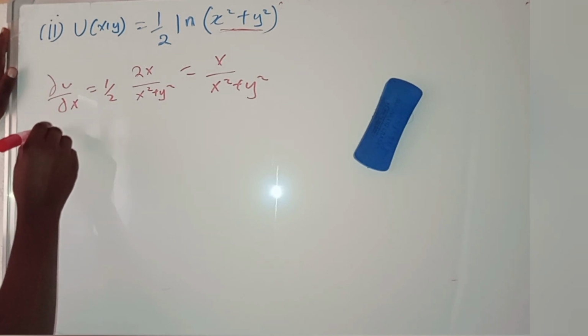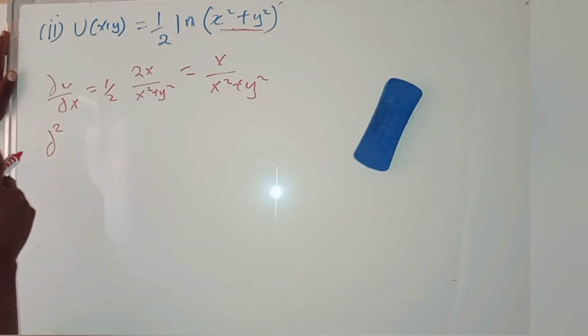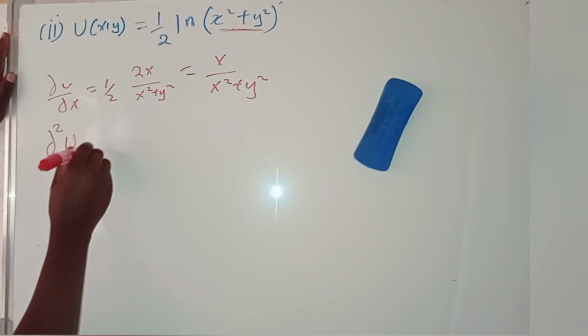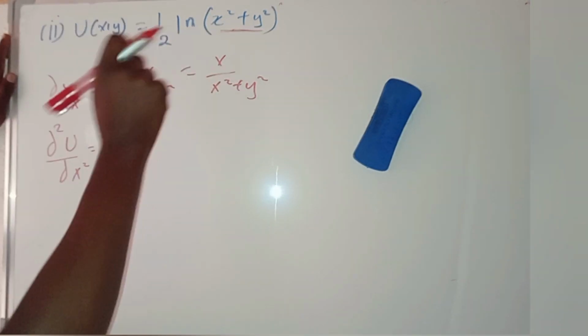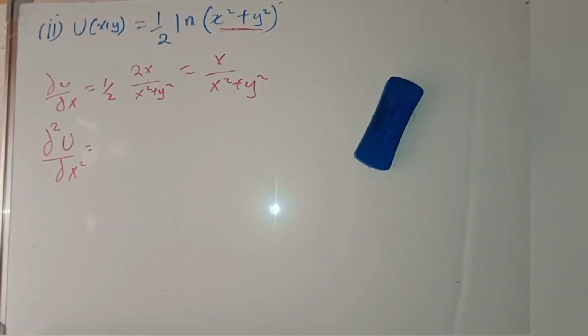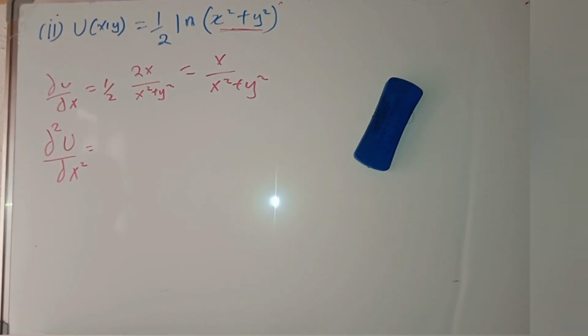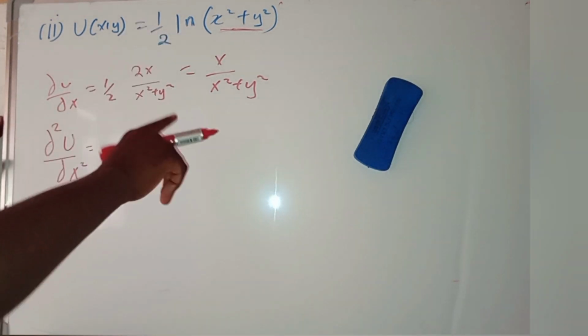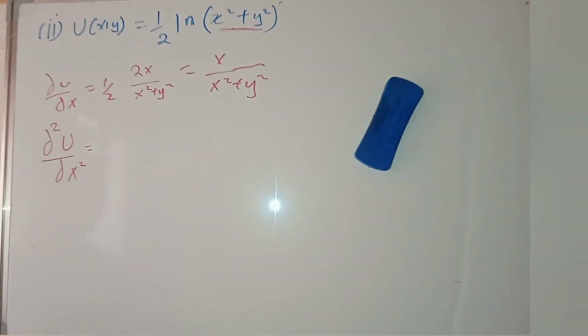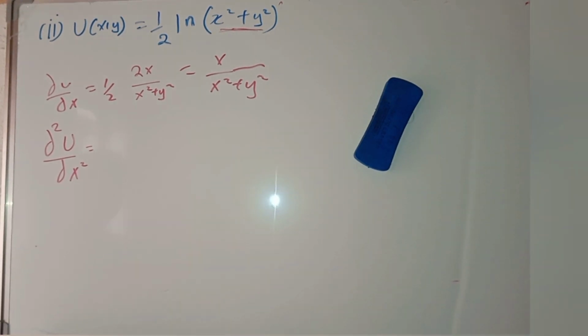The second partial derivative of u with respect to x is equal to, you have x divided by x squared plus y squared, differentiated again. I use the quotient rule to differentiate.